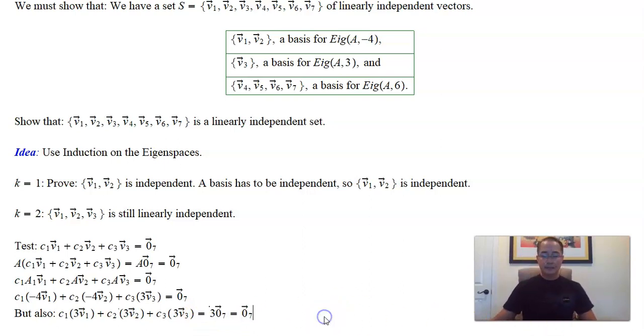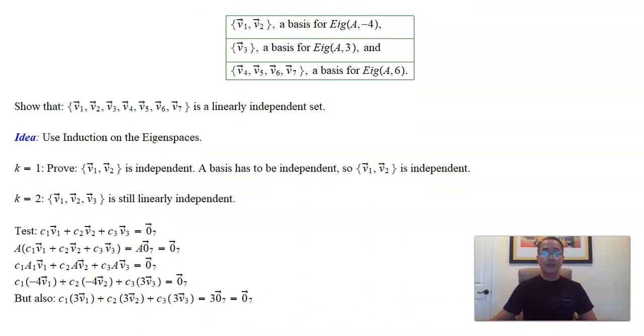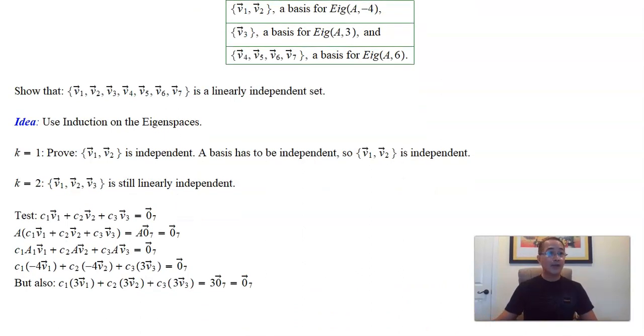Okay, excellent. But now what are we going to do? We said next step, subtract. So if we subtract this equation, let's say from this equation, I think it will look nice so that we get 3 plus 4 or 7 v1.